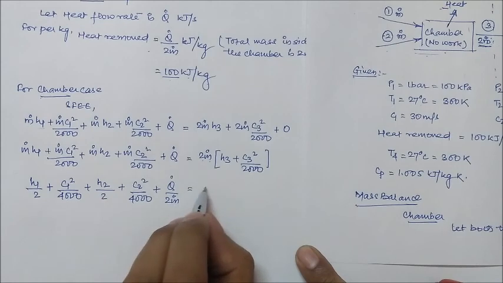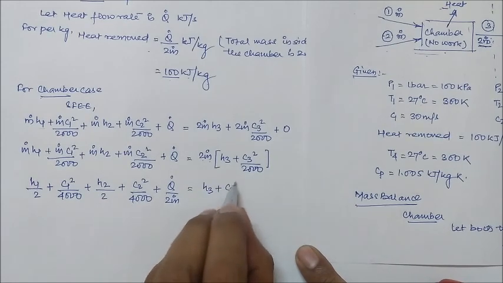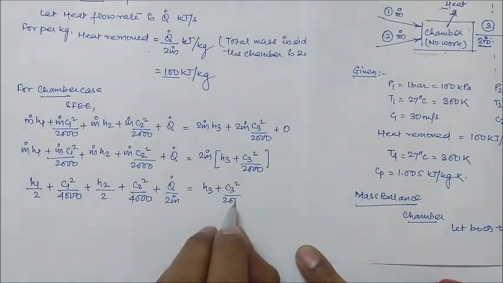On the right hand side it will be H3 plus C3 square by 2000.